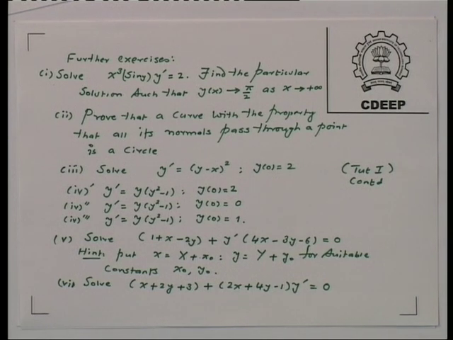Conditions like y(x) tends to pi by 2 as x tends to infinity enable you to nail down the constant, and what you get is called a particular solution. So, here the question asks you to determine the particular solution given some condition at infinity.